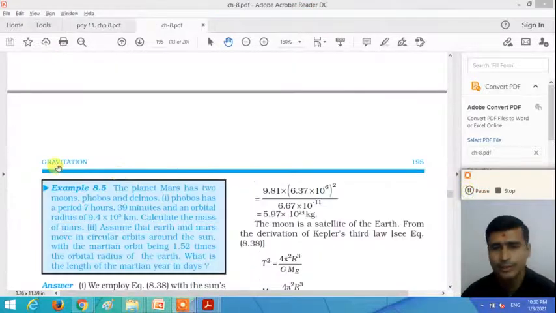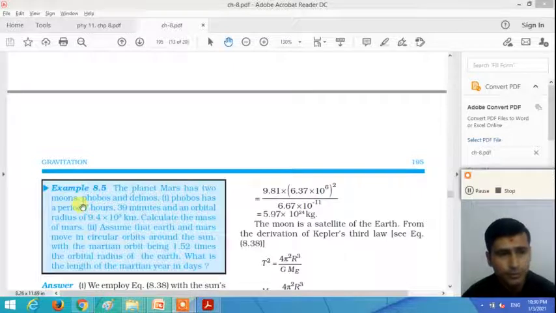So now let us start example number 8.5. See the statement of example 8.5. The planet Mars has two moons, Phobos and Deimos. Phobos has a period of 7 hours and 39 minutes and an orbital radius of 9.4 into 10 raised to 3 kilometer.